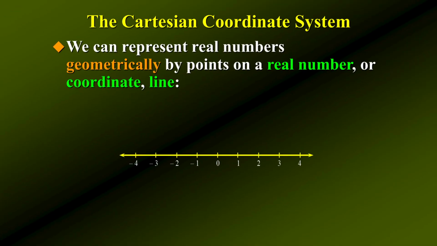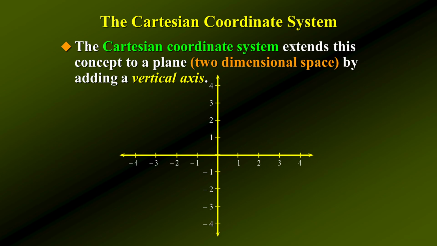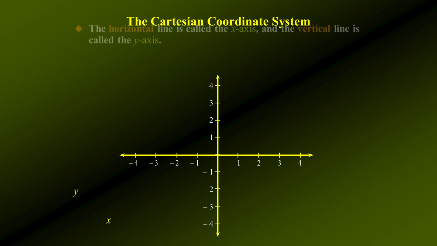With the Cartesian coordinate system, we can represent real numbers geometrically by points on a real number or a coordinate line. The Cartesian coordinate system extends this concept to a plane or two-dimensional space by adding a vertical axis.